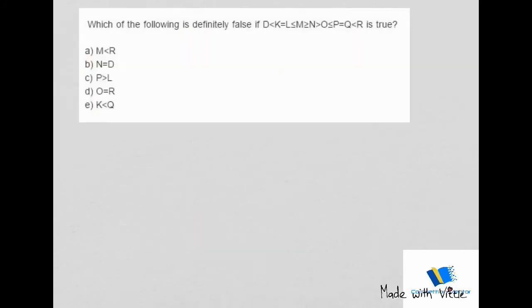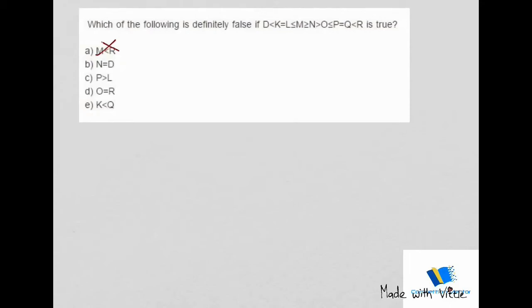Now this is another question, but now they are asking which of the following is definitely false. So how will that occur? Again, it is based on the same old concept which we discussed with the previous example. Let's see. M is less than R. So M and R is here. We saw that exactly there are reversals of signs. So no, this is not definitely false. This is not our answer.